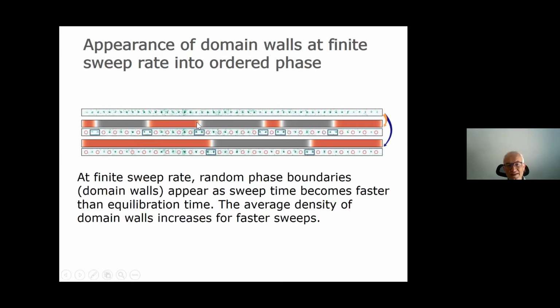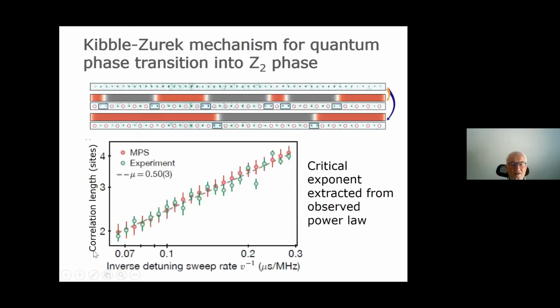So the faster we sweep, the more domain walls on average we expect. This shows an example where we swept fast in the top row and had more domain walls. Red and gray are different domains with domain walls in between. When we swept slower, we had fewer domain walls. So we investigated the correlation length, which is 1 over the number of domain walls, as a function of the inverse sweep rate, and we can use it to extract the critical exponent.